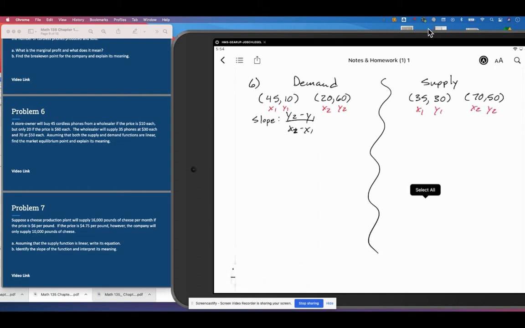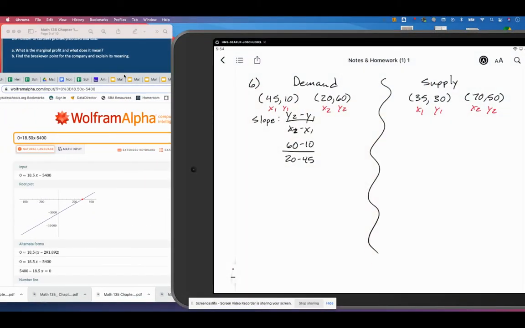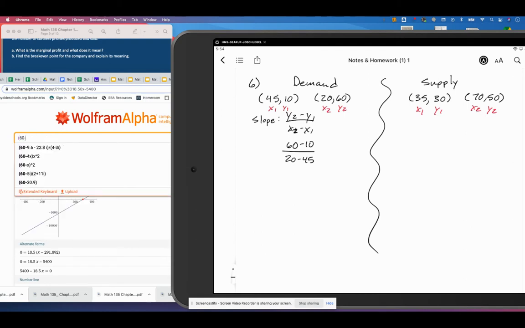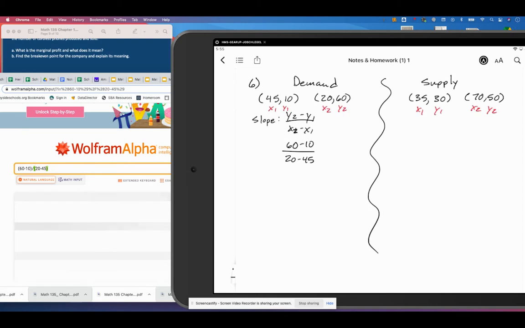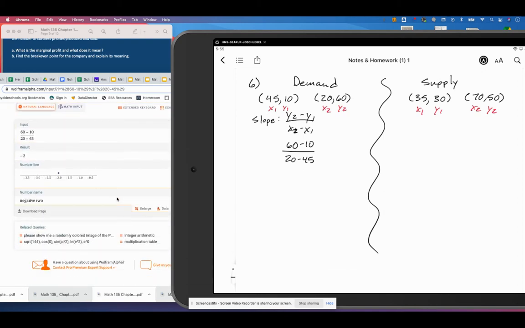So we will have y2 minus y1 is going to be 60 minus 10 over 20 minus 45. I don't want to do that in my head, so I'm going to let Wolfram handle that for me. We get a slope of -2.